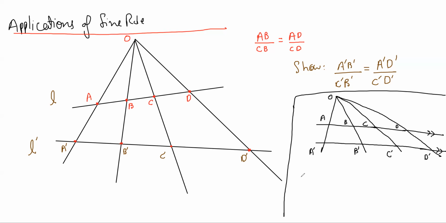All the angles will be equal, like OAB and OA dash B dash are equal as the lines are parallel, and OBA and OB dash A dash are also equal, and O is the common angle. So the ratio of the sides is also the same. That's right. So how will you use it?